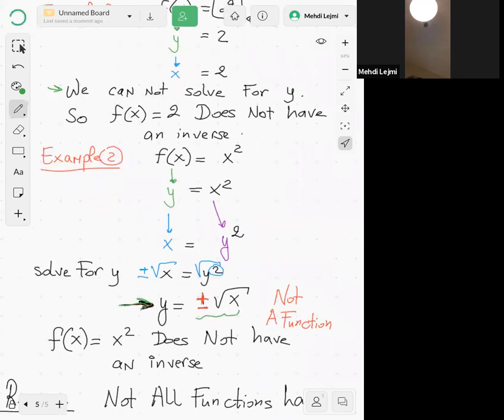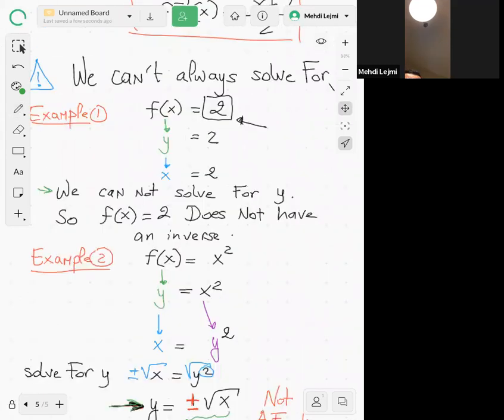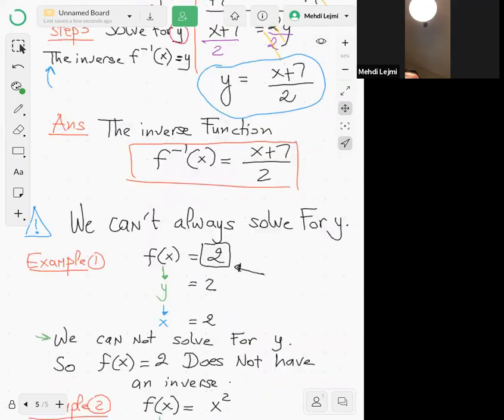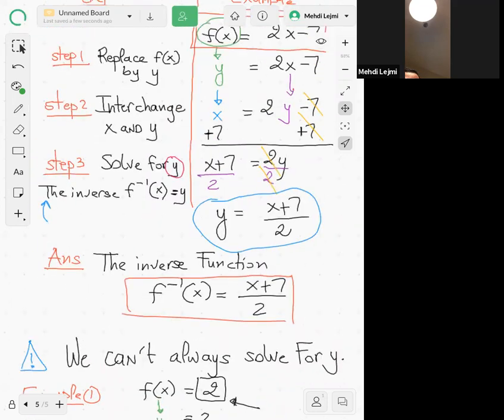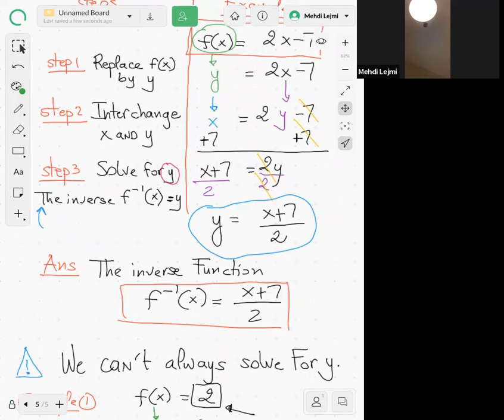So it depends on the problem. But all you have to do, guys, is follow these steps: replace f of x by y, interchange x and y, solve for y, and then if you are able to solve for y, make sure that your answer is a function.